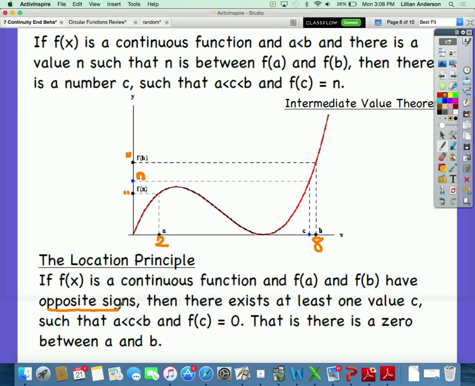So that means that between those two y values, there is a point where y equals 0. When y equals 0, what does that mean? On a graph, there's an x-intercept.